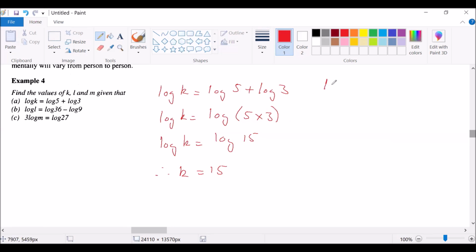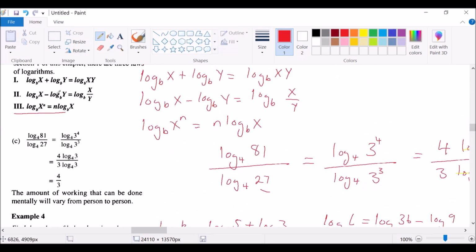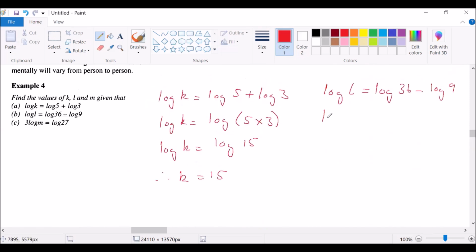For B, log L is equal to log 36 minus log 9. Using the second law, if we are subtracting the two logs, we divide the numbers. So we can say log L is equal to log 36 over 9.